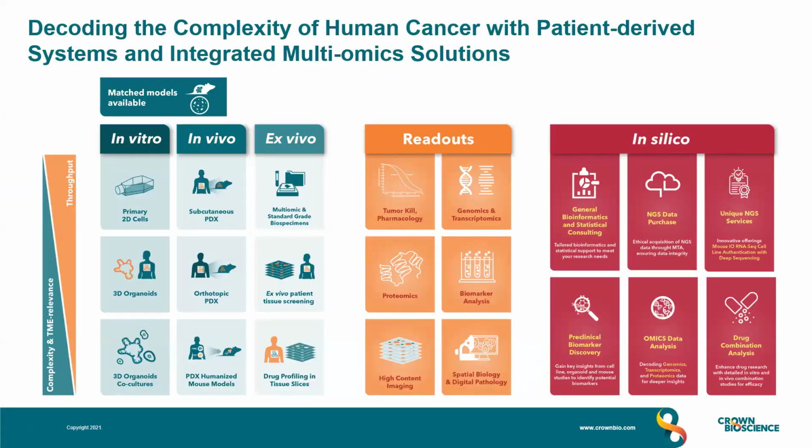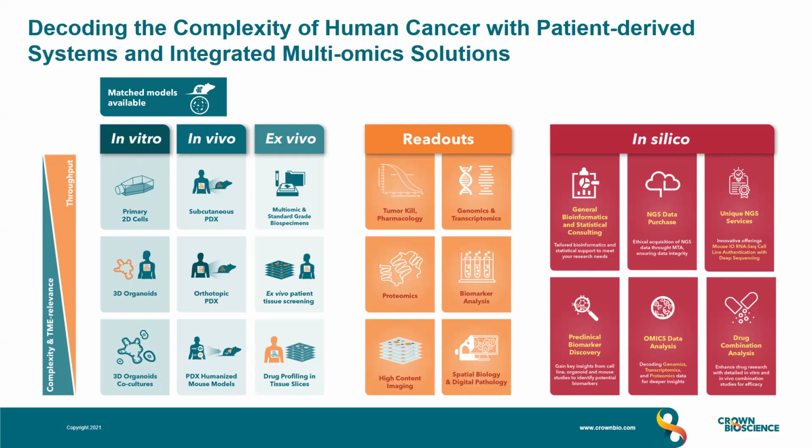The patient-derived models provide a wide range of opportunities for understanding drug response, as well as sophistication in the type of data that is generated. So here the in vitro, in vivo and ex vivo systems can be represented as either having higher throughput versus more complexity, which typically will have lower throughput. So in vitro, this will be primary cells from the patient tissue in 2D cultures versus 3D, such as organoids.